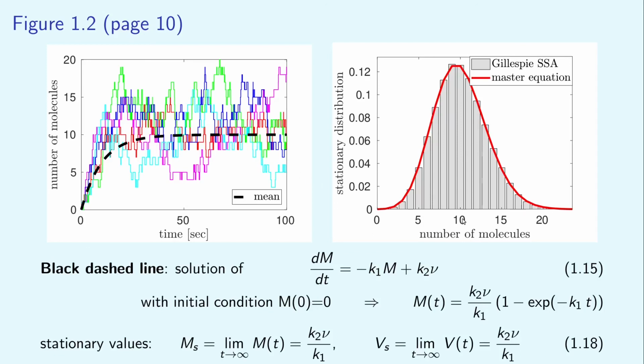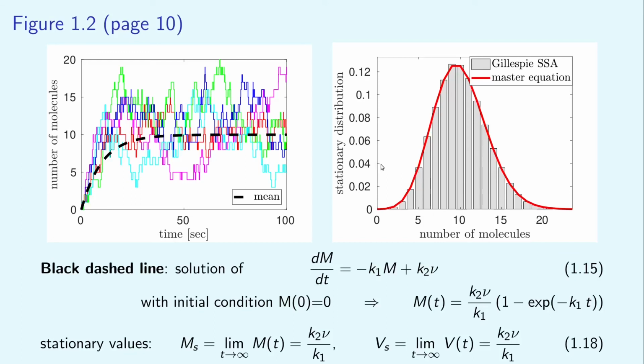We observe that the probability that there are 10 molecules in the system is about 12%, and the probability that there are either 5 or 15 molecules is smaller, about 4%.